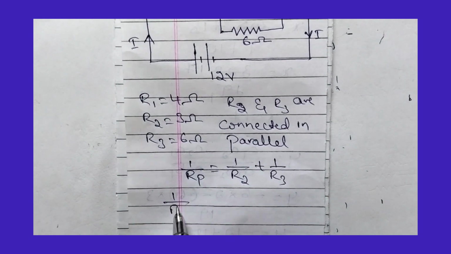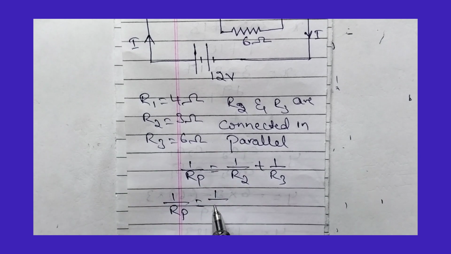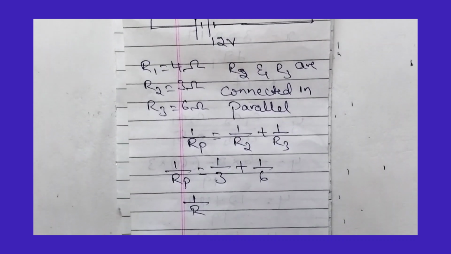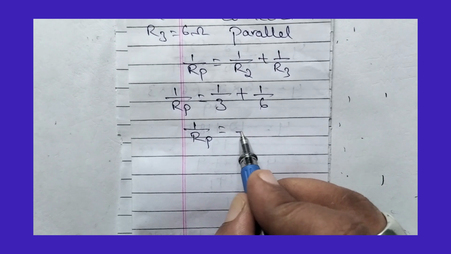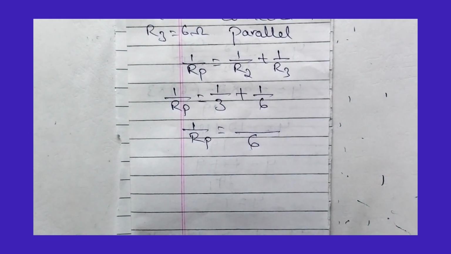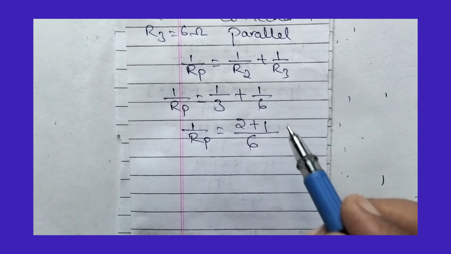So 1/Rp is equal to 1 over R2 which is 3, plus 1 over R3 which is 6. Now take the LCM for 3 and 6. The LCM for 3 and 6 is 6. So in 3 ones are 2s, in 6 ones are 1s.